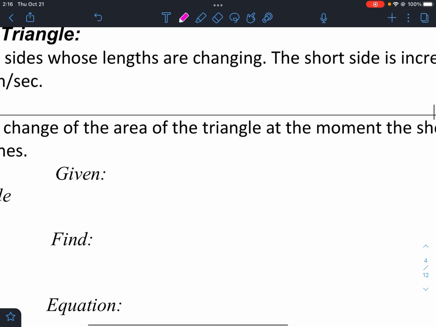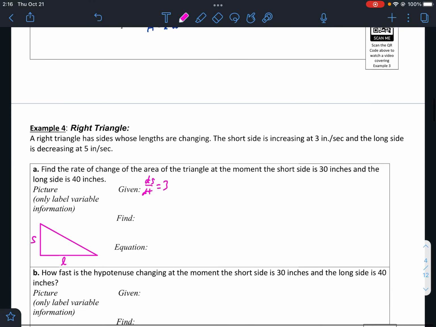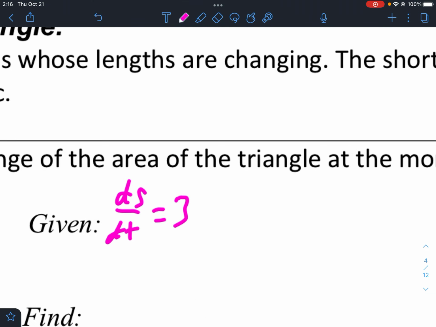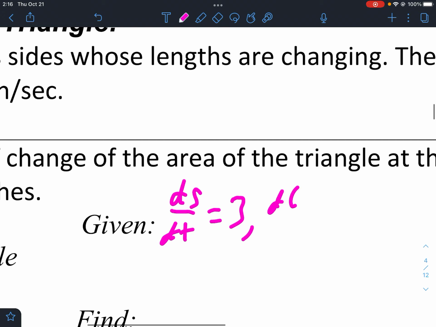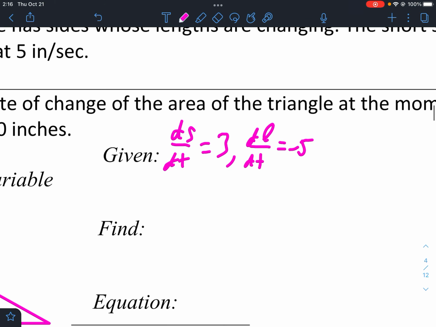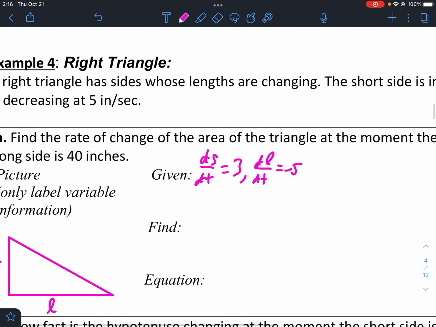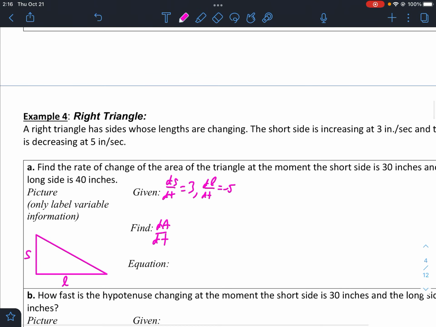We're given that dS dt is 3 and dL dt is negative 5. We're trying to find the rate of change of the area when the short side is 30 and the long side is 40.